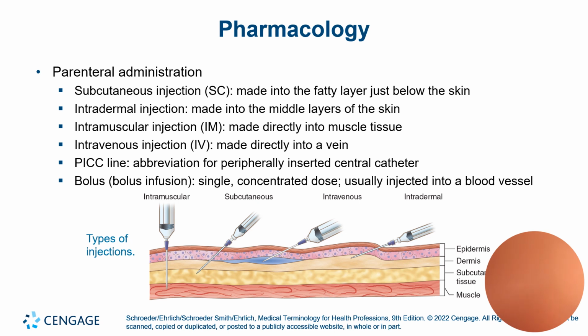So with prescription and over-the-counter drugs, we know that prescription drugs can legally be dispensed only by a pharmacist with an order from a licensed professional, while over-the-counter or OTC drugs can be purchased without a prescription.